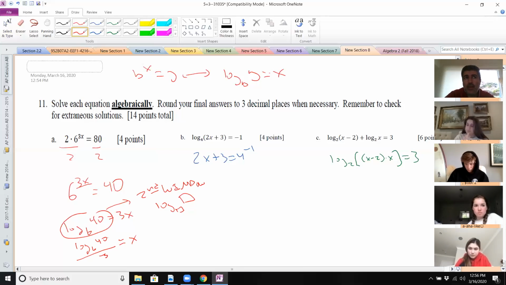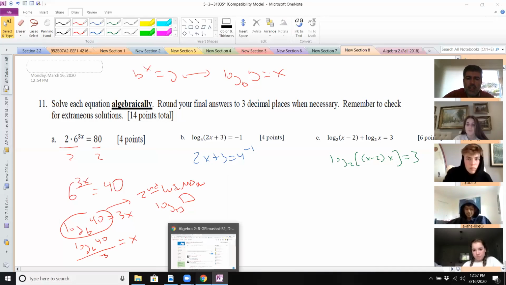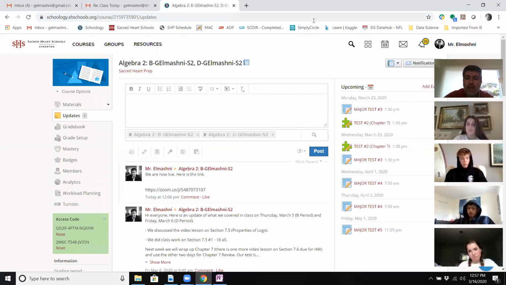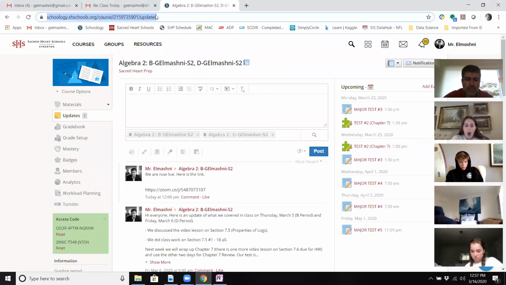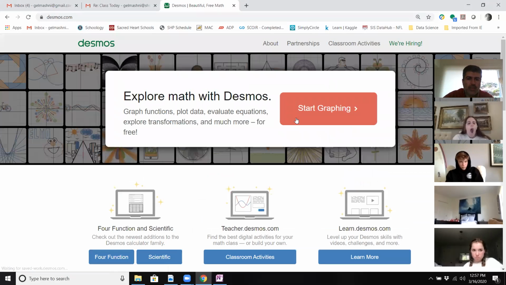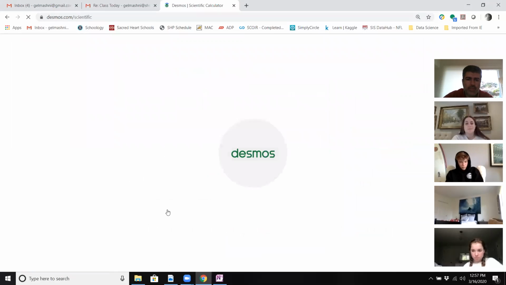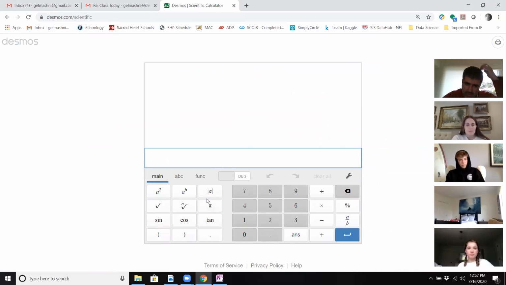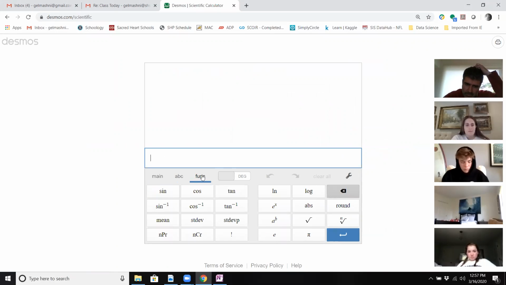Oh, you know what you guys can do? Actually, don't worry about that. Use Desmos. Desmos can do this for you. Do we need a calculator for the test? For some parts, yes, you would. Just do this in Desmos. So you could totally do the calculator bit right here. Logs right there. Actually, hold on a sec.